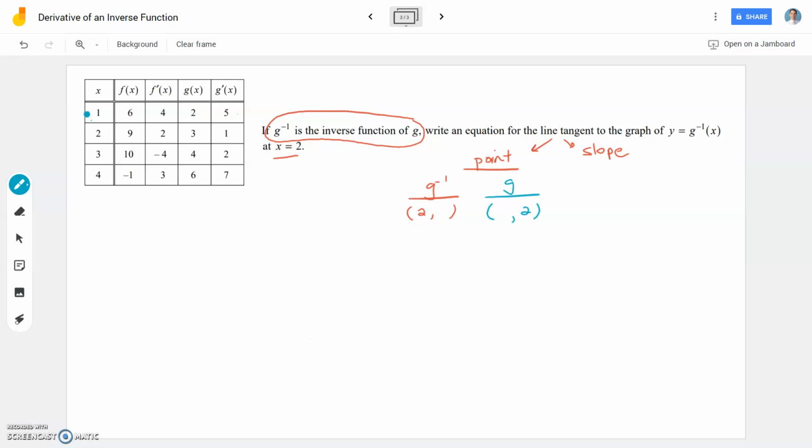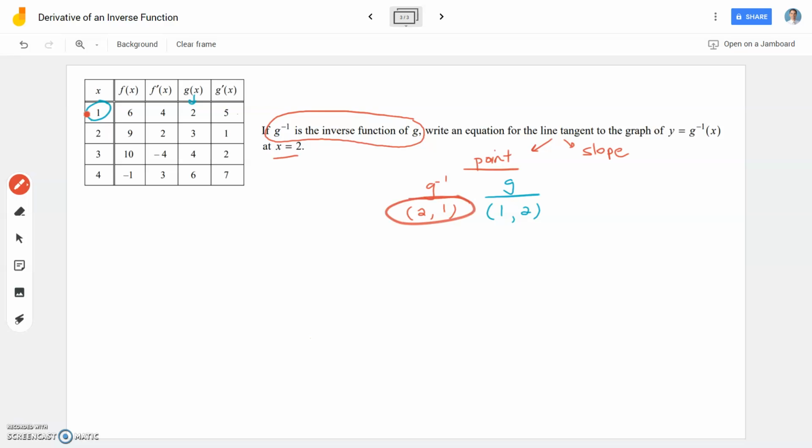Again, because those coordinates are swapped. Going over to my table, I can note that g of x is equal to 2 when x is equal to 1. So 1 is the x coordinate on g, corresponding to an output of 2, and that means that 1 is the output value on g inverse, corresponding to an x coordinate of 2. All right, so there's my point, (2, 1).